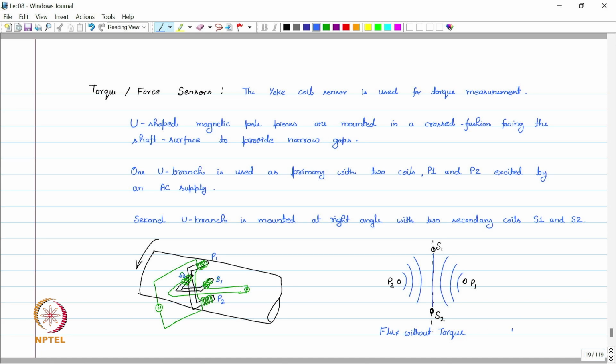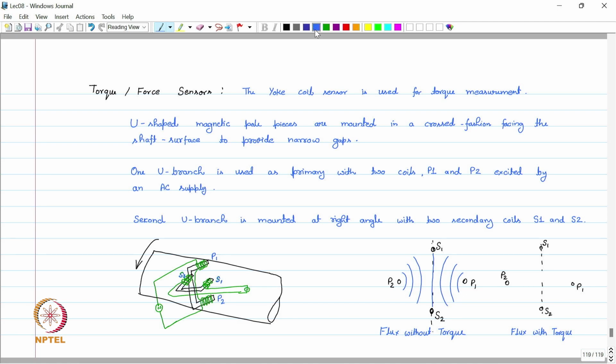and now we plot the flux with torque. These are the P1 and P2 primaries. This is the neutral axis where we have the secondaries S1 and S2.